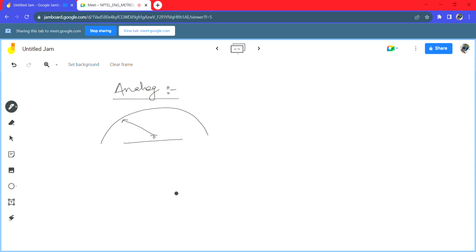Now, why is this being called analog? So let's first understand there are two kinds of things. One is a continuous time system, and the other is the discrete time system.